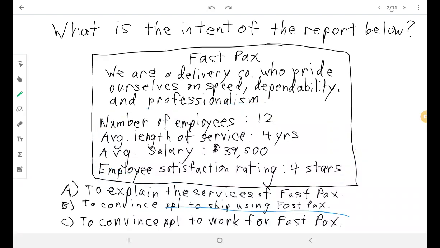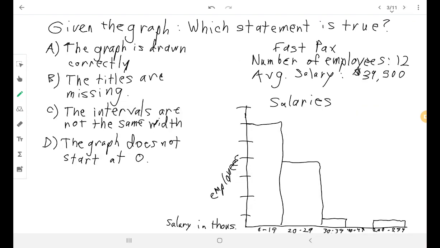So it should be fairly obvious that we're trying to attract workers, right? All right, so C is our answer there. I'll give you a moment to look at that, ponder that. And let's move on to our next problem.